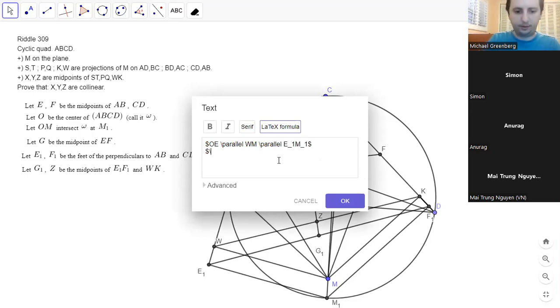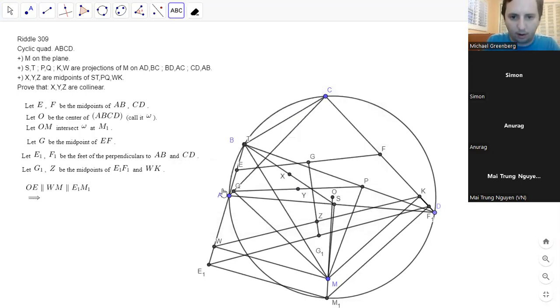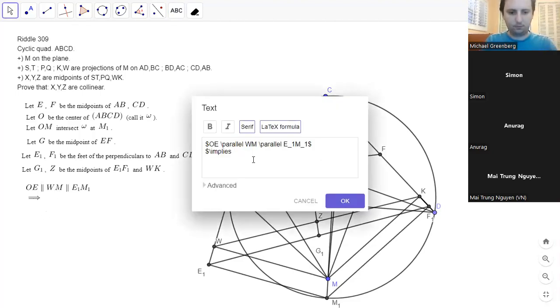And that means that EW over WE1 is equal to OM over MM1, which is equal to FK over KF1.